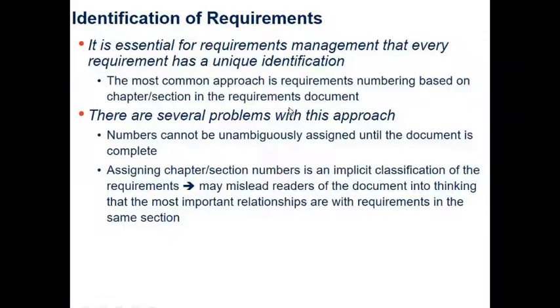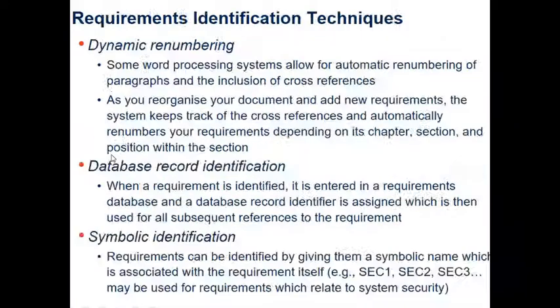You need to start numbering at some point, and you would have one set of numbers in one sequence. Assigning chapter or section numbers is an implicit classification of the requirements. It may mislead readers of the document into thinking that the most important relationships are with the requirements in the same section, right? Which is not always the case.